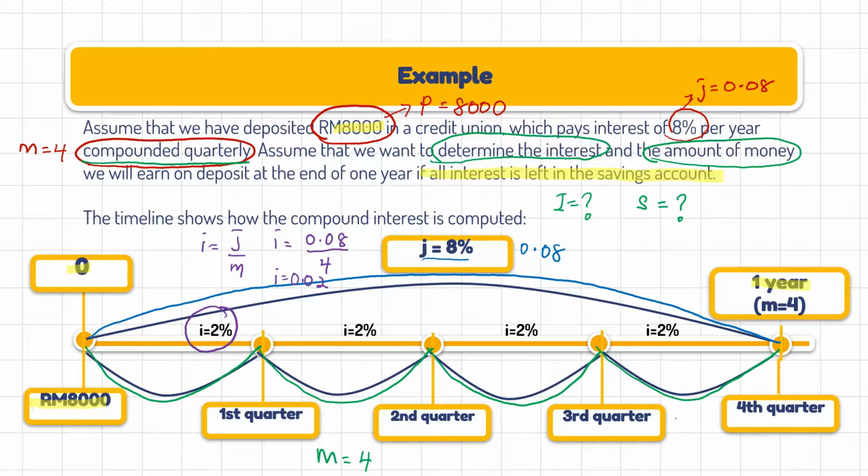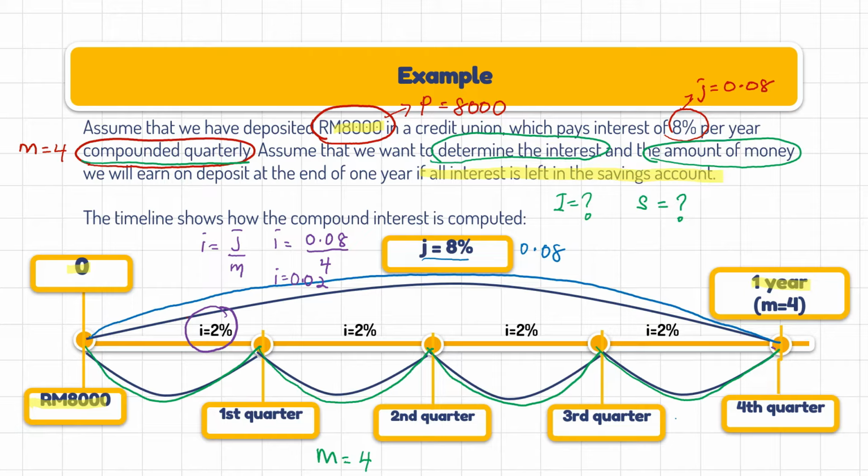So here, you can differentiate between J and I, where J is the nominal rate, the loop from 0 to 1 year. Meanwhile, your I is the one who works for you 4 times in this example.